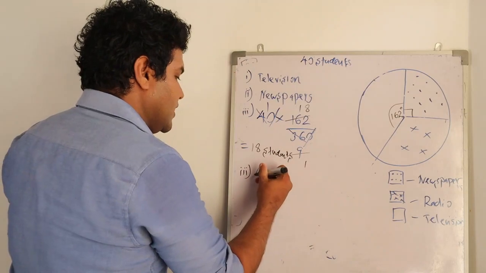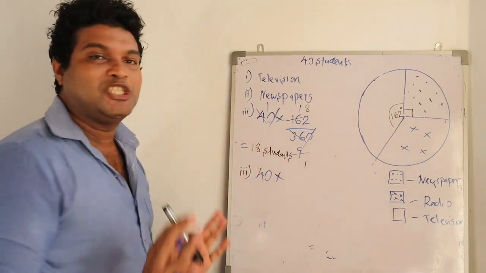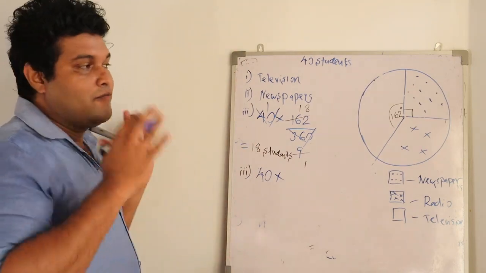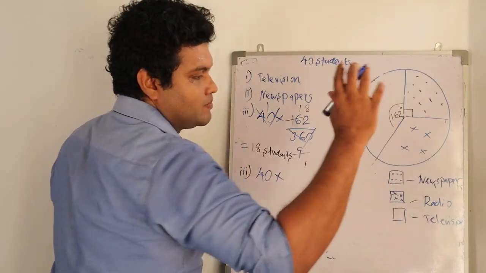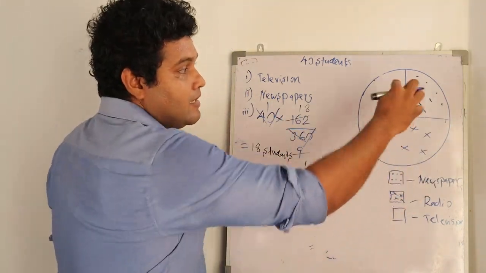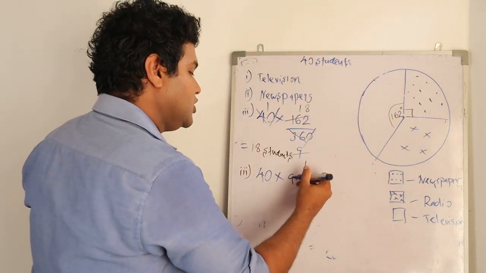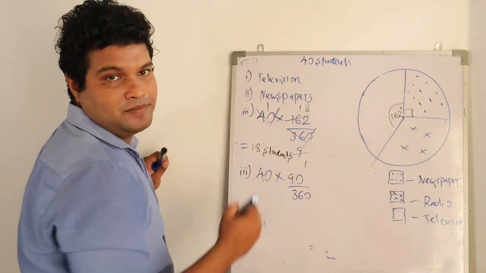Again, we have to use a fraction. What's the fraction relevant to the students who prefer the newspapers? The angle is 90 over 360. Therefore, we have to use 90 over 360 as a fraction.